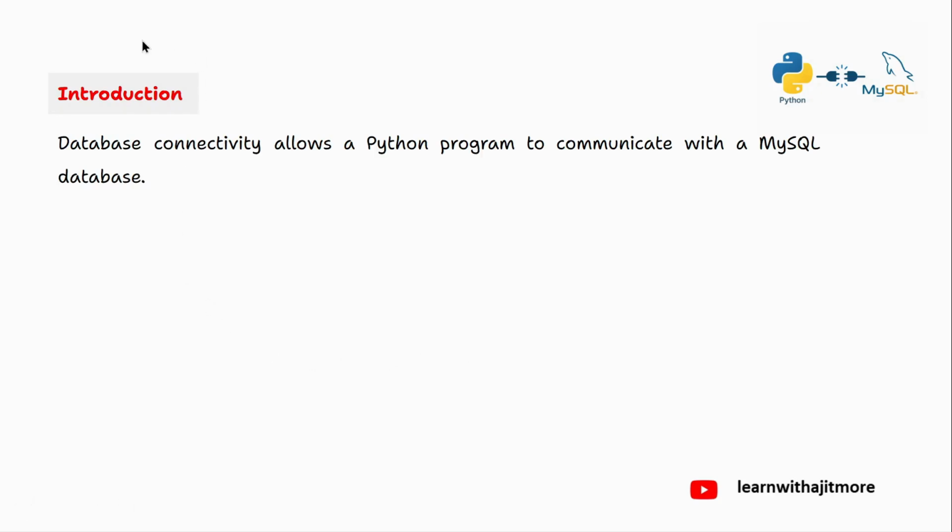Okay. So database connectivity allows a Python program to communicate with a MySQL database. By doing the database connectivity, you can write a Python program, and that Python program can communicate with your MySQL database management system. MySQL is a database management system. SQL is the language used to interact with a DBMS.